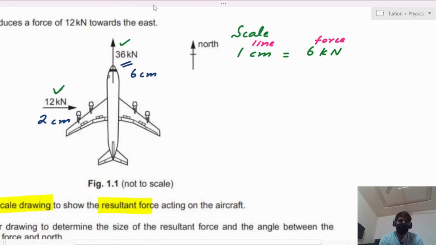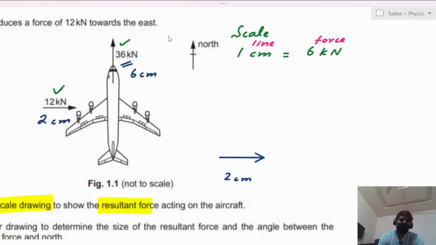Alright, so you do it that way. The first line over here has to be 2 centimeter, and it has to be done with a ruler. Right now I'm not using a ruler, I'm just assuming that this line is 2 centimeter, but I'm writing down the values because you then need to use a ruler.